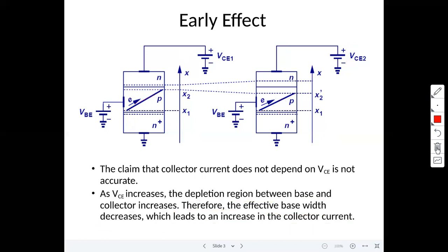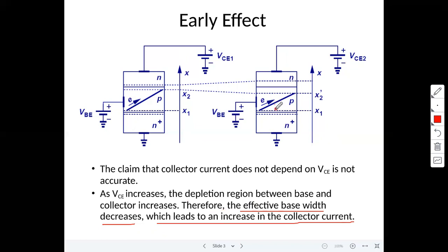Now observe the concept here. The base width decreases, but what is the result? The result is an increase in the collector current. How will it increase the collector current? As base width reduces, there is recombination taking place at the base, and the recombination percentage reduces.